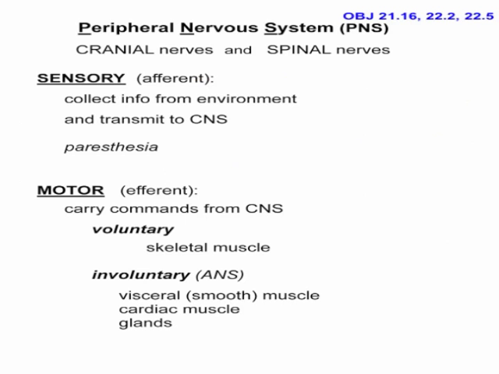The peripheral nervous system, or the PNS, involves the cranial nerves and spinal nerves. Here again we see the sensory or afferent neurons, which collect information from the environment and transmit it to the CNS, and the motor or efferent neurons, which carry the commands from the CNS to either skeletal muscle or smooth muscle.